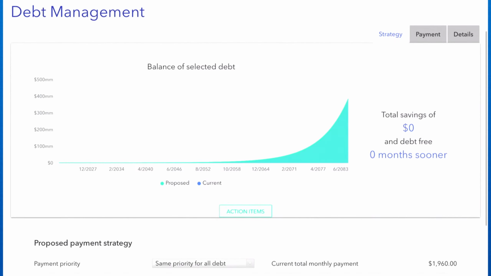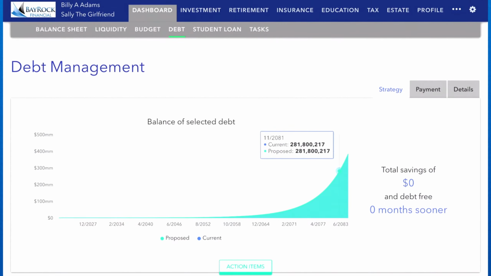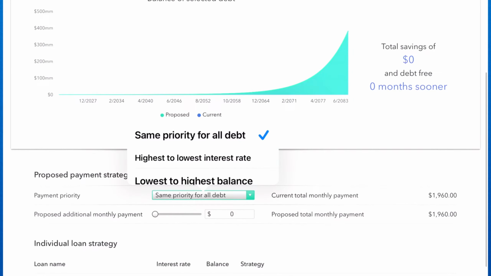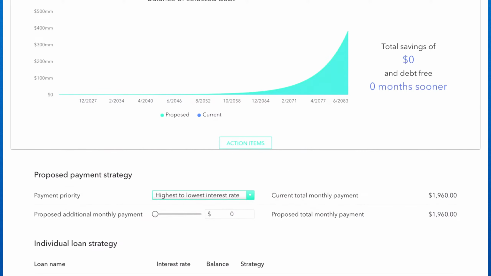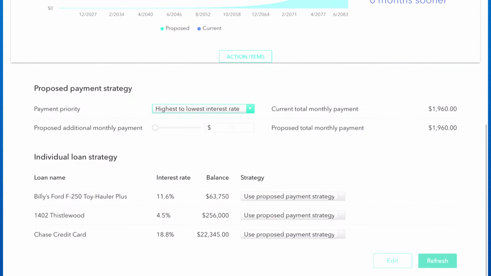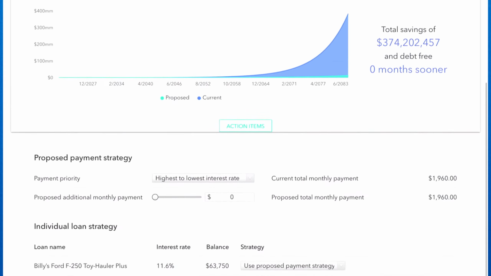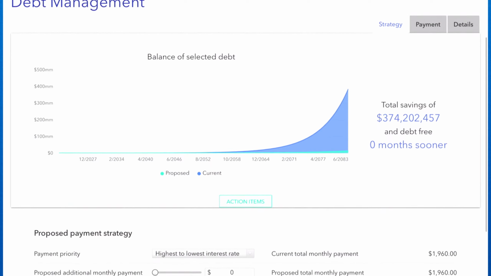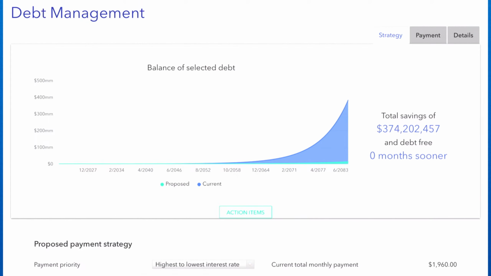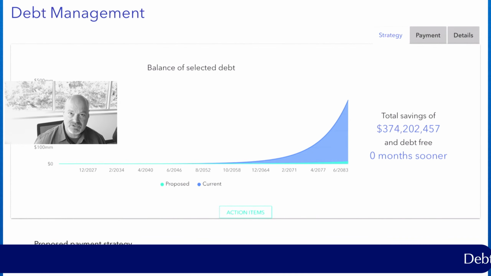So now when we go back to action items and we click on paying off highest interest to lowest interest first, that's where we get the benefit. And again, remember to hit the refresh, and then you get the new numbers. Now, here's what I want you to think about. If you were in this situation, you're Billy and Sally, and you're paying off your mortgage a little early, so you're spending a little extra money on your mortgage.